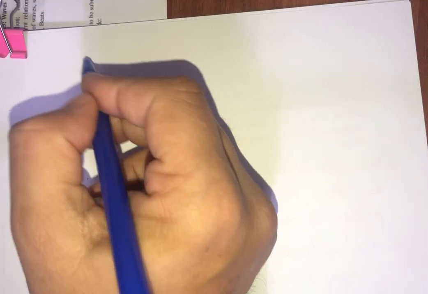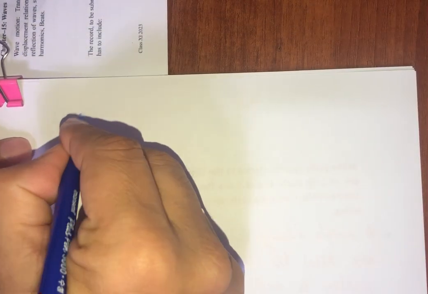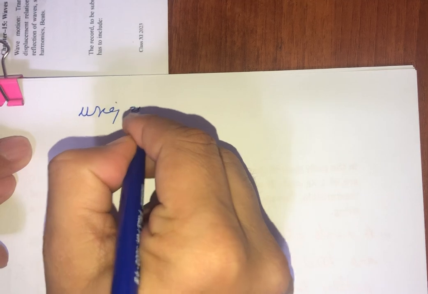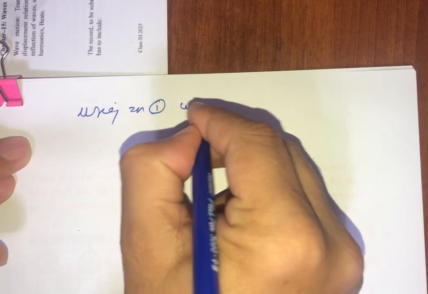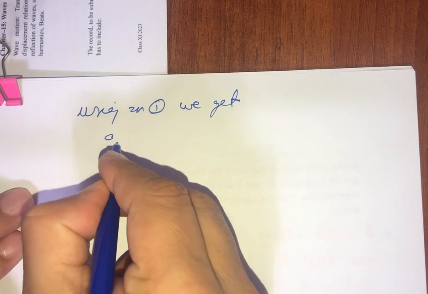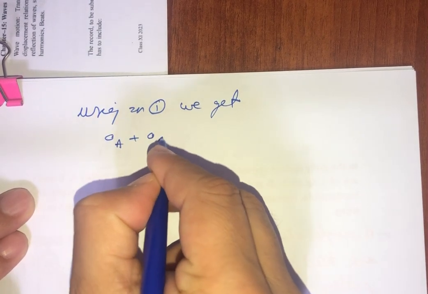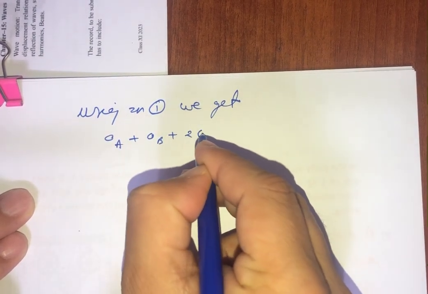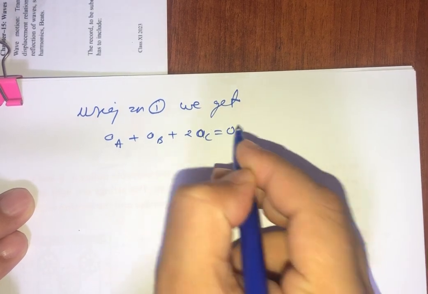Next, we are going to simply solve these equations. Substituting the value of AA, AB and AC in equation 1, and equation 1 was acceleration of A plus acceleration of B plus twice acceleration of C is equal to 0.